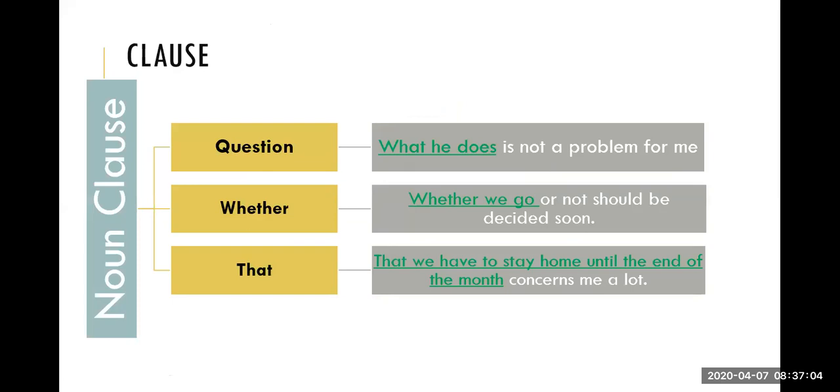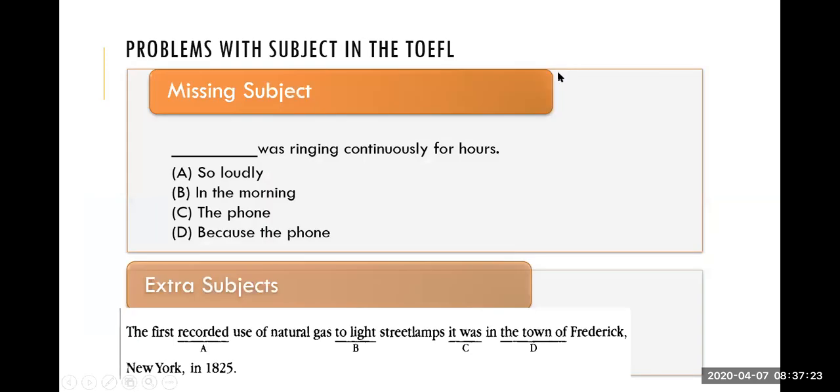Okay, so for example, we start with a question. What does he do? If it's not something that is a problem for us, about what he does, we can answer by saying what he does is not a problem to me.